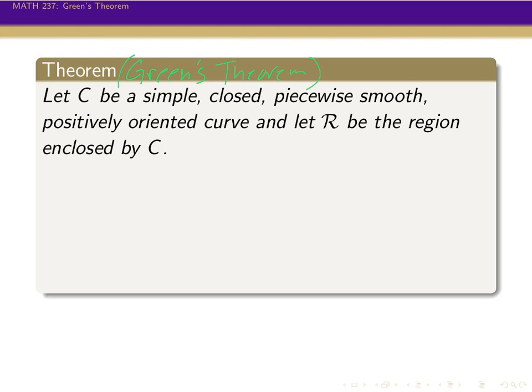And we're going to let R be the region enclosed by C. So if C is like this, going around counterclockwise to be positively oriented, R is going to be the region inside of C. So C is the curve, R is the space inside.